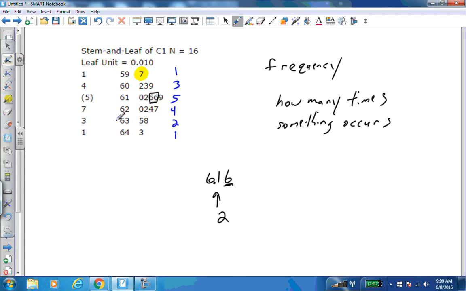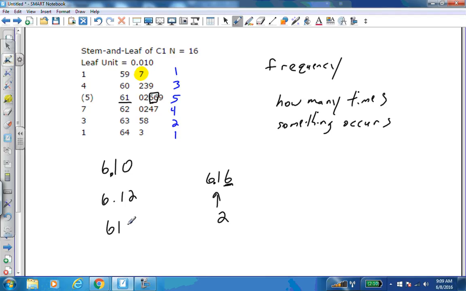If we wanted to know the frequency of data values that include, for example, 6, 1 as their leading numbers, there are 5 data points that have 6, 1 as the first 2 numbers. Now those numbers are not all the same. Some of those are 6, 1, 0. Some are 6, 1, 2.